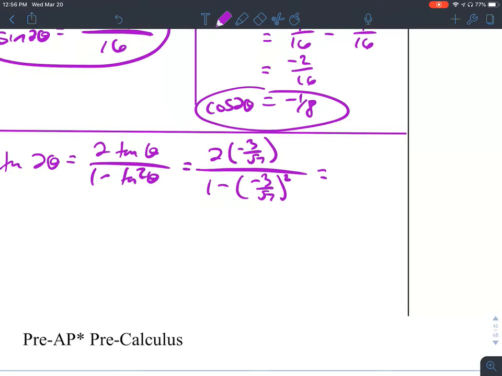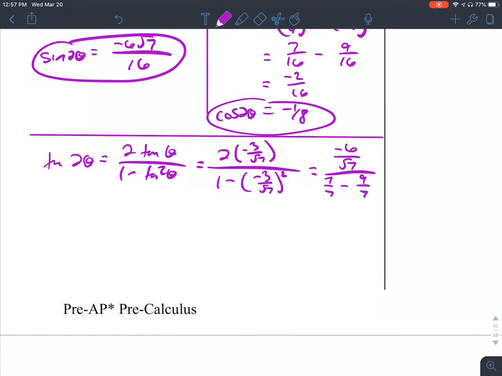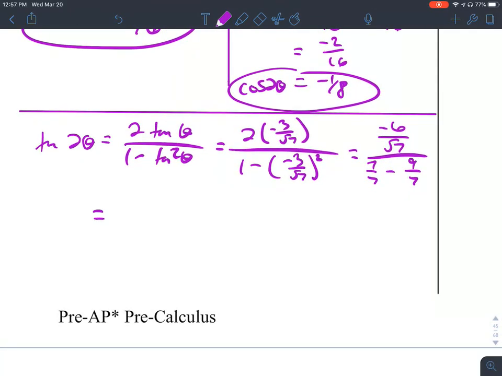Multiplying in my numerator, it's going to be negative 6 over the square root of 7. In my denominator, if I square the negative 3 over square root of 7, I'm going to get 9/7. I'm going to change the 1 to 7/7. It's going to make this negative 6 over negative 2/7.